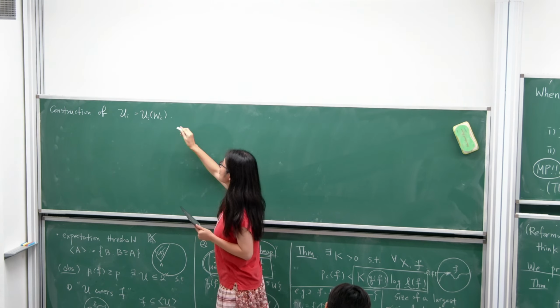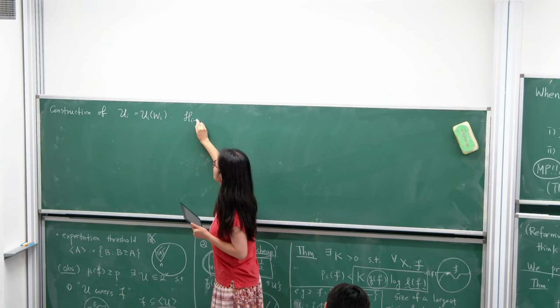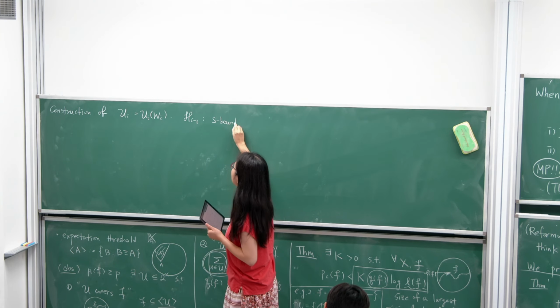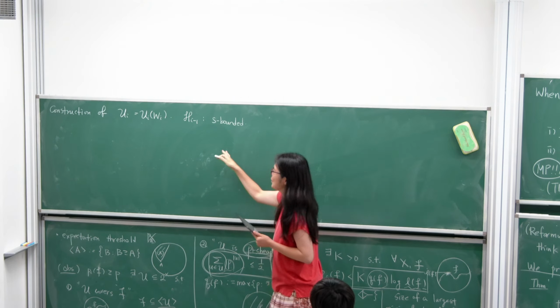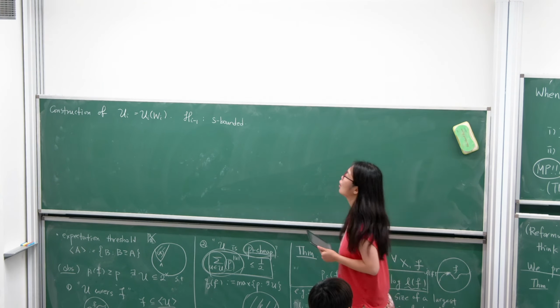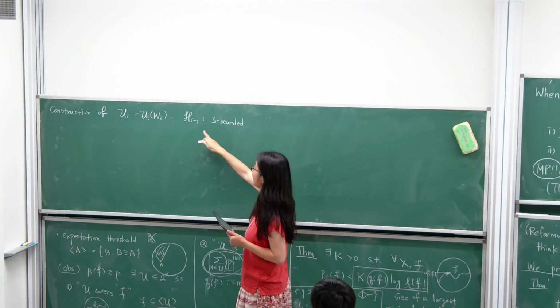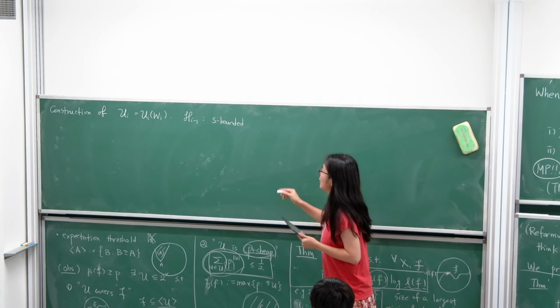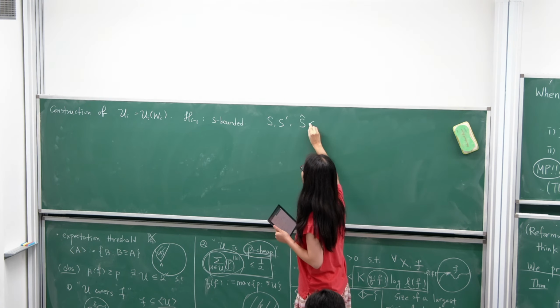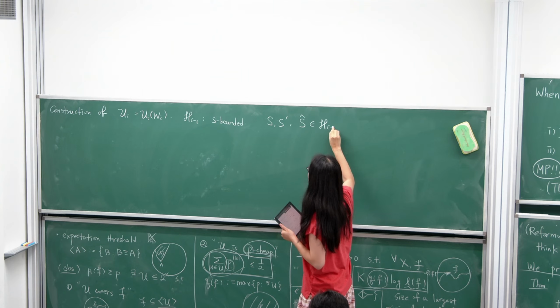And our current host graph is called H_{i-1}. Let me say this is S-bounded, where S is just anything. So this is a finite set, so there must be some maximum for the size of the hyperedges here, and we just say that is S. And we use S, S prime, and S hat for an element in H_{i-1}.